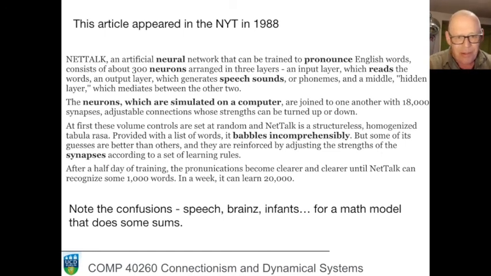Notice NetTalk has no brain. There's no neurons. There's no synapses. This is why the term neural network has become a problem. As regards what the network is doing, look how underlying this there's the utterly wrong impression that we have created an artificial human infant. NetTalk doesn't babble. Human infants babble incomprehensibly.